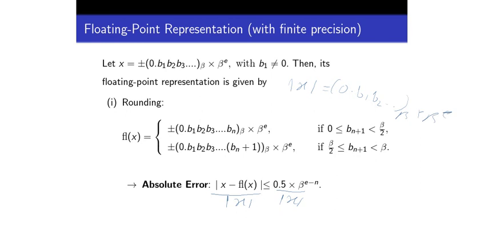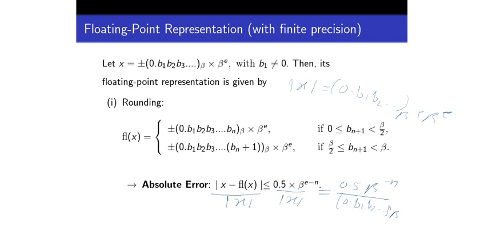So what you get is 0.5 times beta to the power minus n divided by 0.b1 b2 and so on with base beta, this number. Now what can I tell about this?